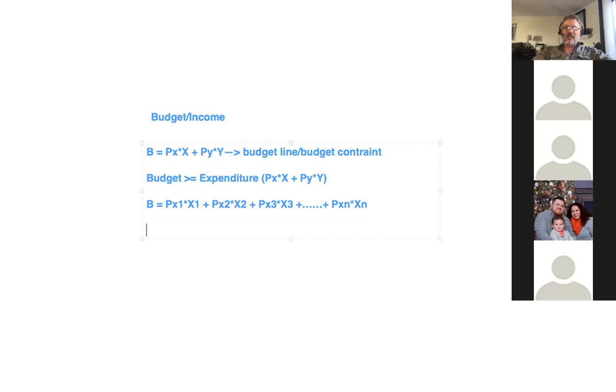But one of the things that you should notice is that the original equation that I gave you up here is a description of a linear equation in general form. Okay, so you might have seen this, or I know you've seen it, probably in ninth grade or something like that.